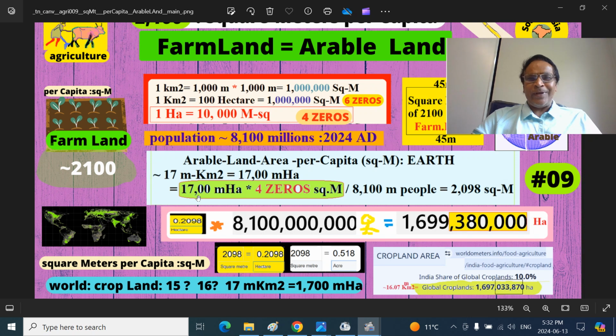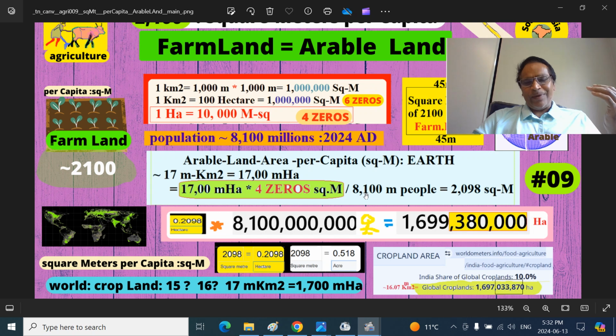Very simple. This is the hectares. 1 hectare holds 4 zeros if you convert into square meters. So here I put 4 zeros, that means 1 followed by 4 zeros. So you add this and divide by 8,000 or 8,100.